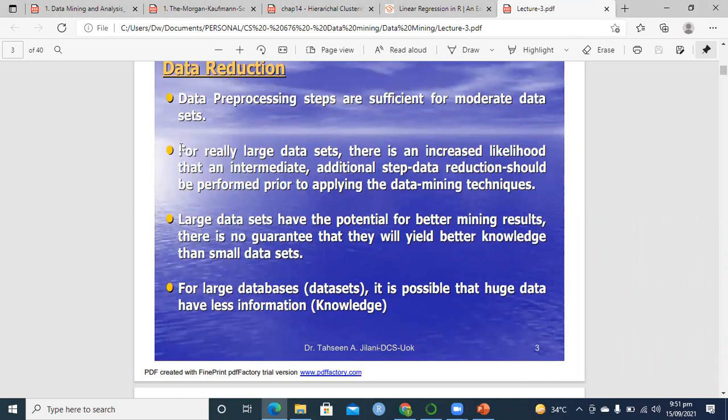This is the theory: if you have a large data set, you have to go through variable selection first. You have studied linear algebra or calculus in BSc or maybe in another class.